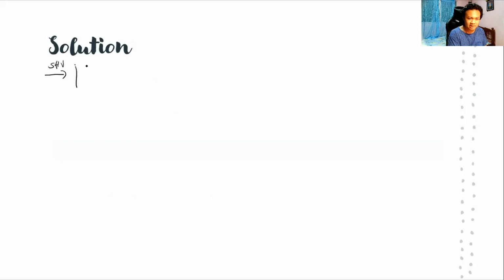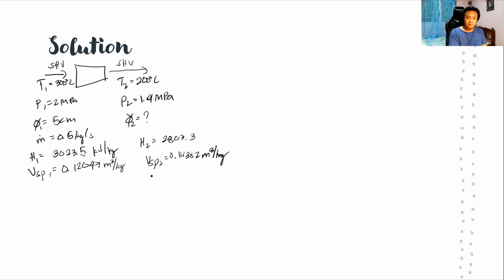This is an SHV, or superheated vapor. It's also an SHV. So we have our T1 at 300 degrees Celsius, and let me write the remaining. Okay, now we have finished writing the given.